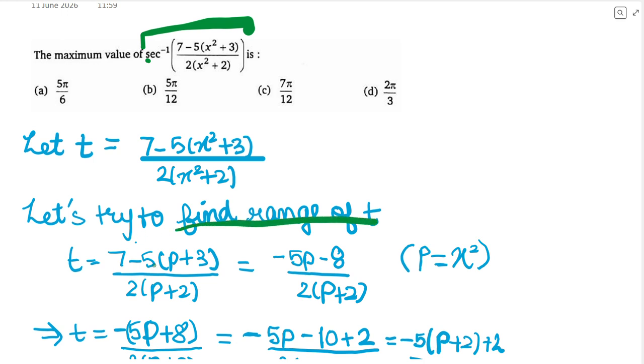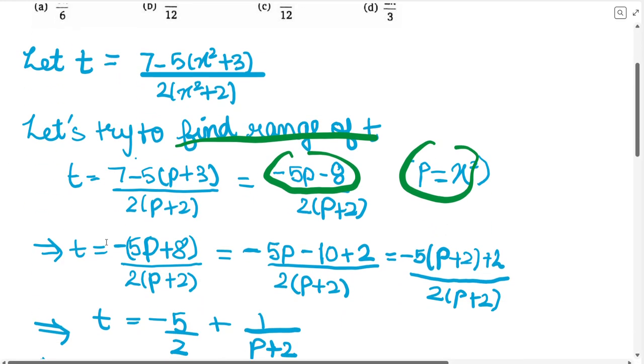For simplicity, we'll substitute x square as p, so that we don't have to write the x square term again and again. When I open this bracket, it becomes minus 5p minus 8 upon 2 times p plus 2.